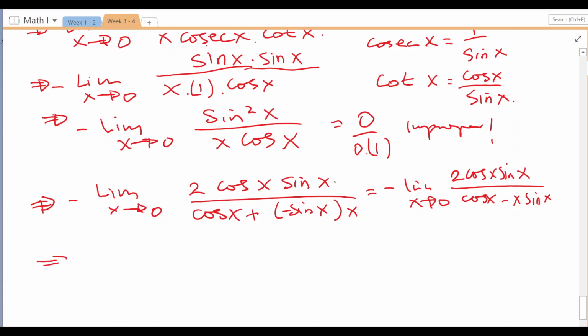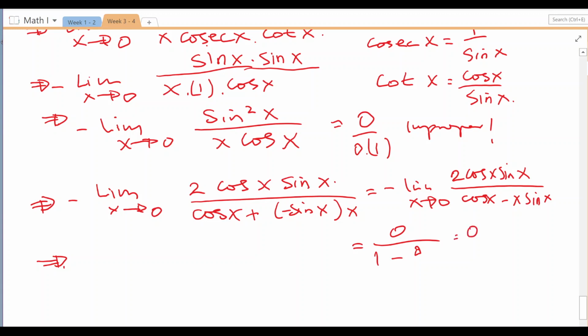If we do direct substitution, sin 0 is 0, so we get 0 over cos 0, which is 1, minus x, which is 0, times sin 0, which is 0.